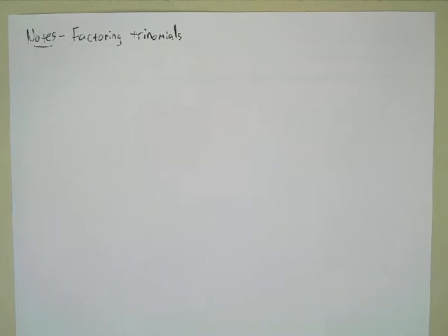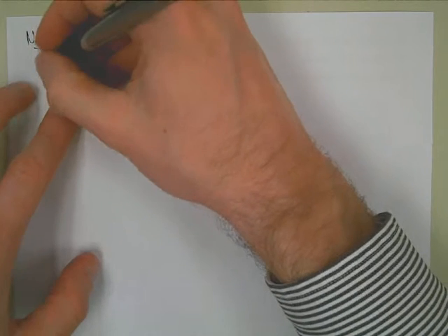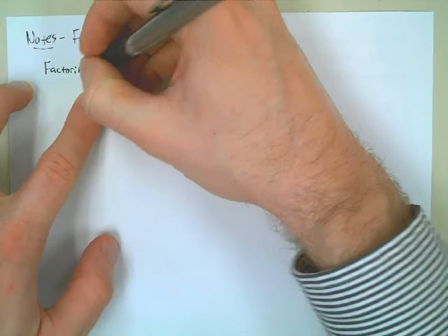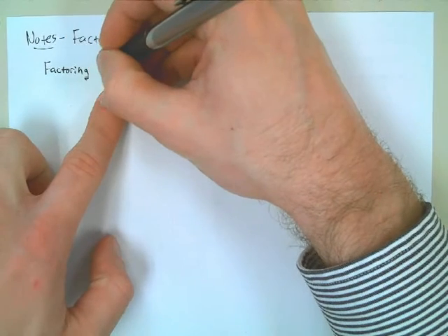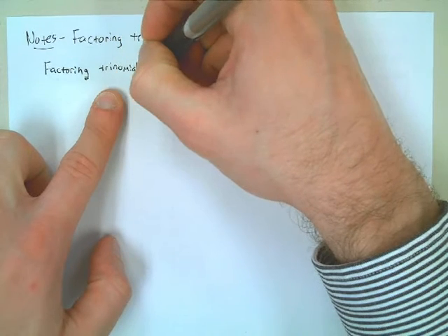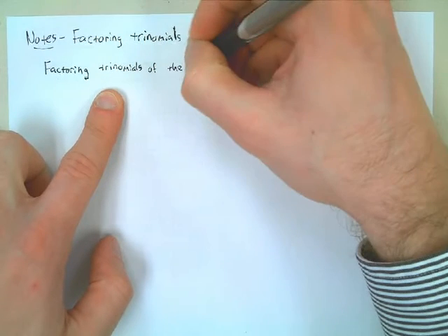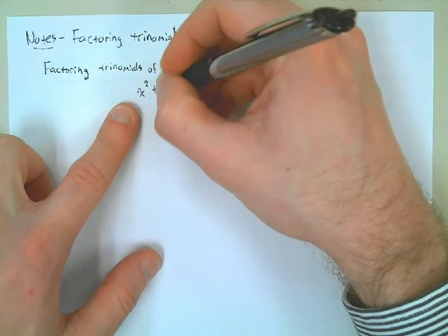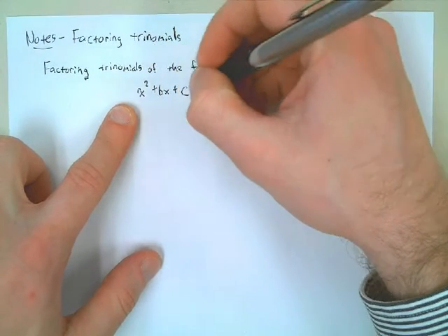So we're going to start off, okay, by factoring trinomials of the form x squared plus bx plus c.